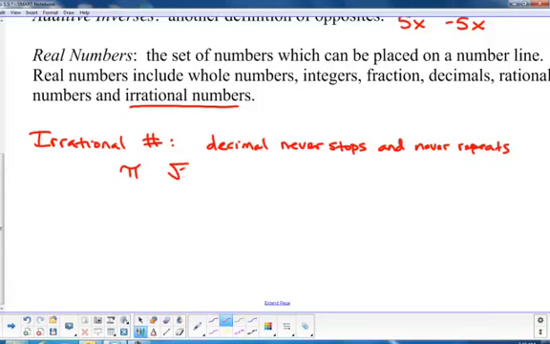Also, the square root of 2, the square root of 3, the square root of any prime number is an irrational number because it'll fill your calculator up. It'll never repeat in a pattern. And it will never stop, also called terminate.